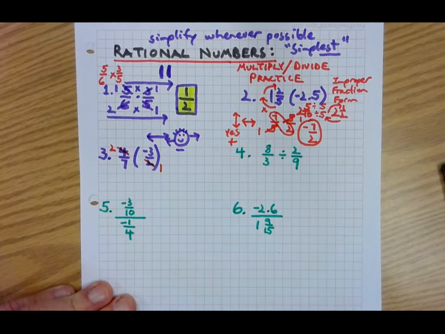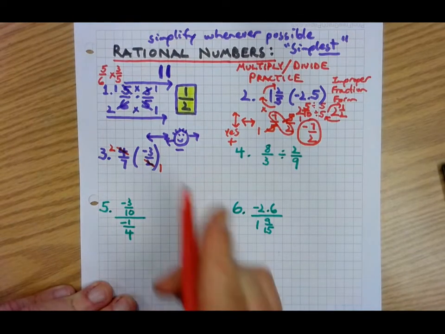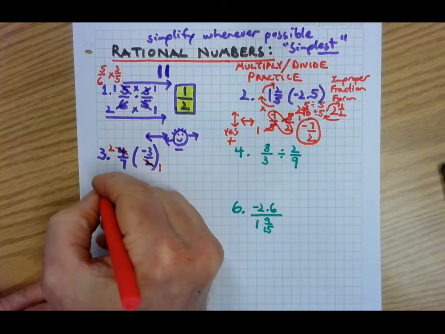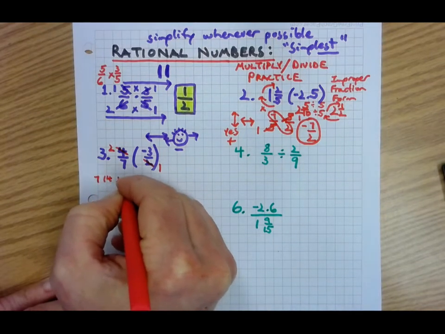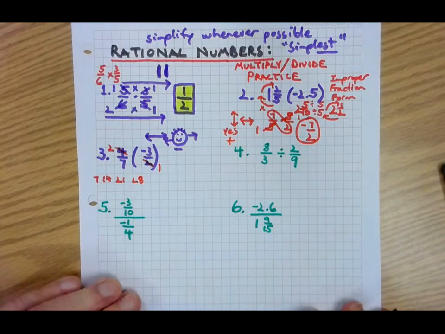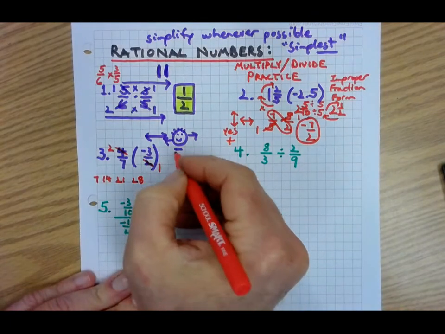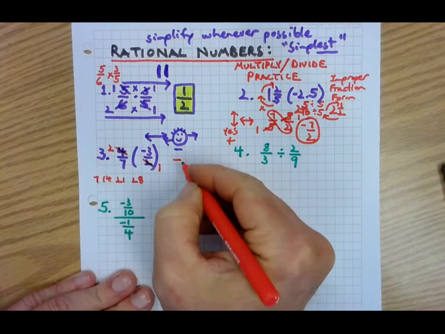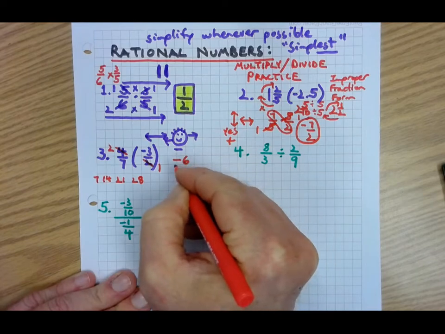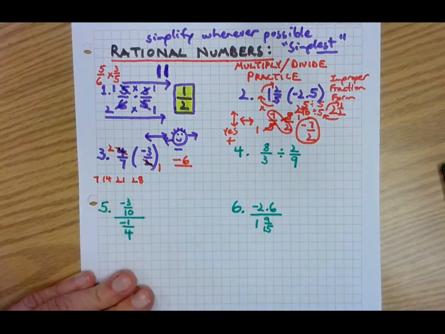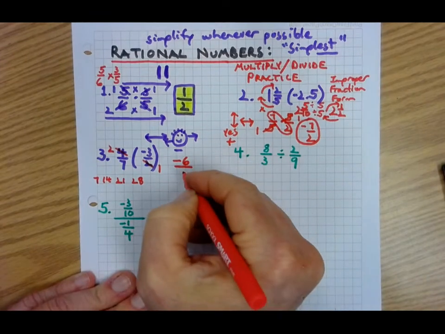No, can't do much with 7 anytime other than multiples of 7, like if you see a 14 or a 21. Then you can simplify, but we can't do that with 3. So I know the answer is going to be negative, and 2 times 3 is 6. And 7 times 1, let me hear you. Okay, cool.